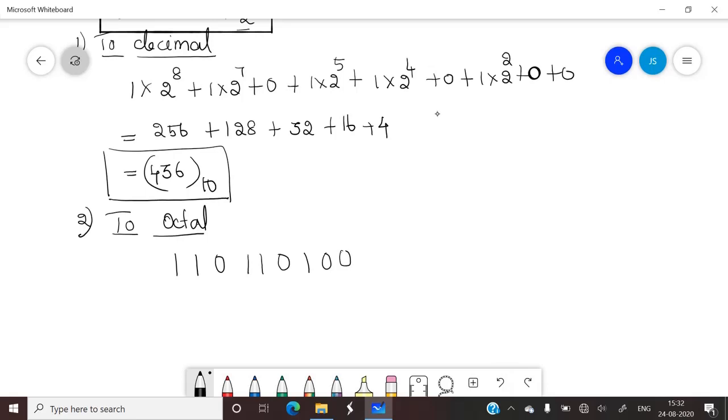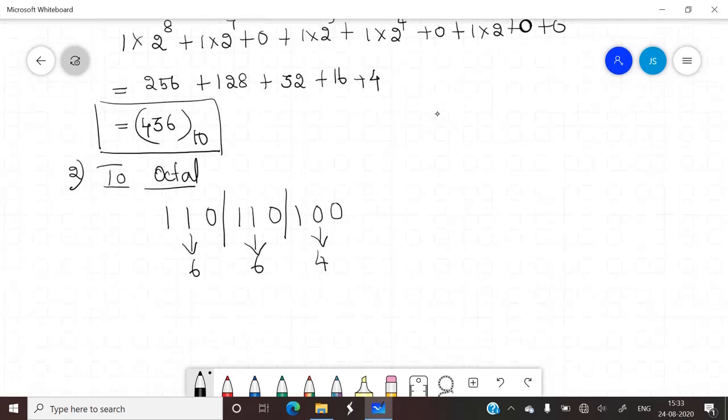As 3 binary bits are needed to represent an octal digit, we split it into groups of 3 bits. 100 is equivalent to octal 4, 110 is 6, and 110 is again 6. So the octal equivalent of the given binary number is 664.